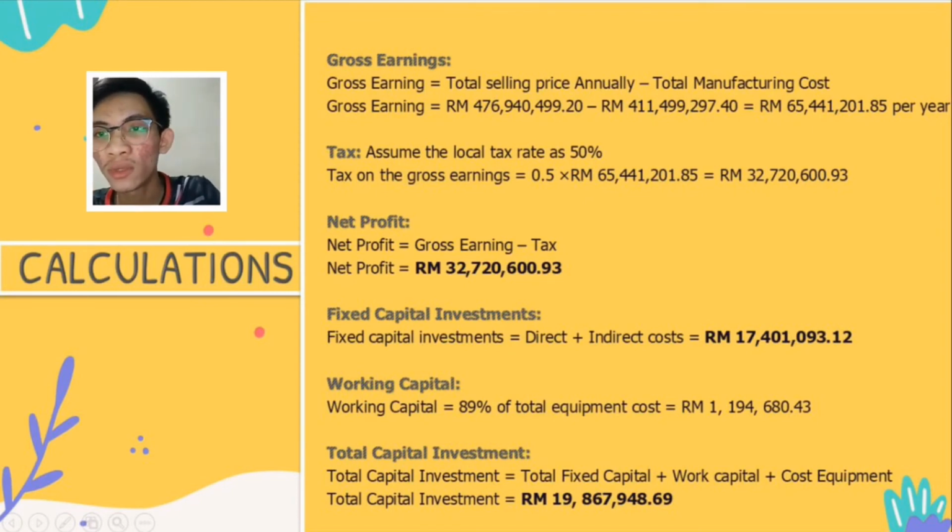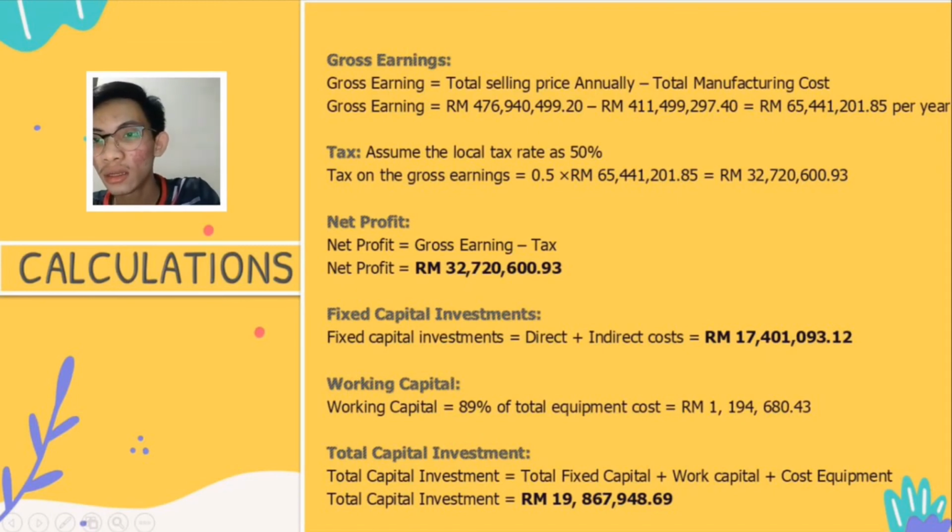And then we look at the tax. I will assume the local tax rate as 50%, and the 50% will multiply by the result of the gross earning. Both results of gross earning and tax will be used in the next profit, where the net profit is equal to gross earning minus the tax.